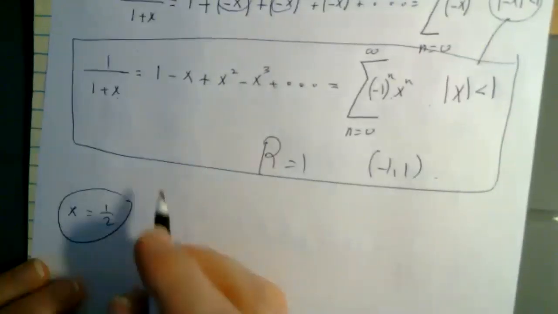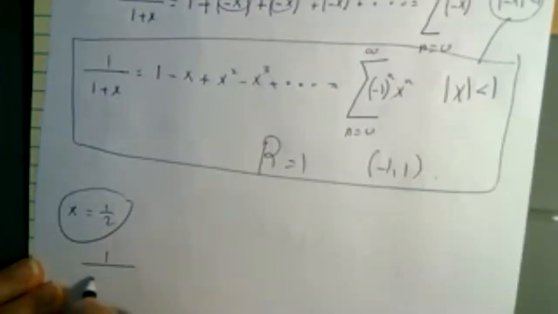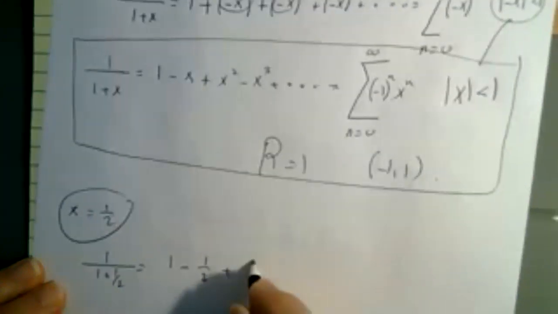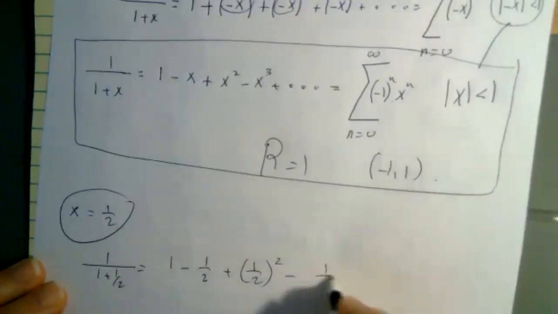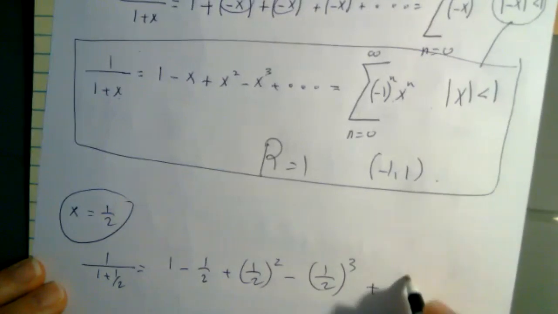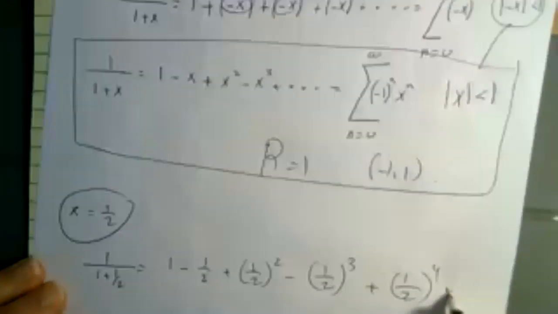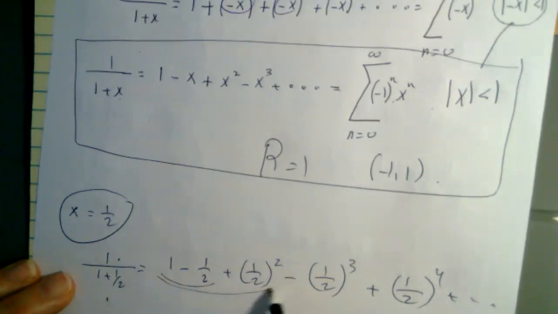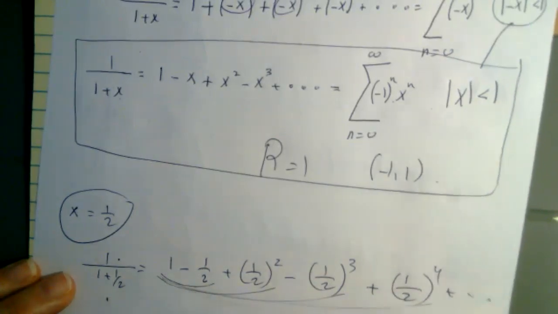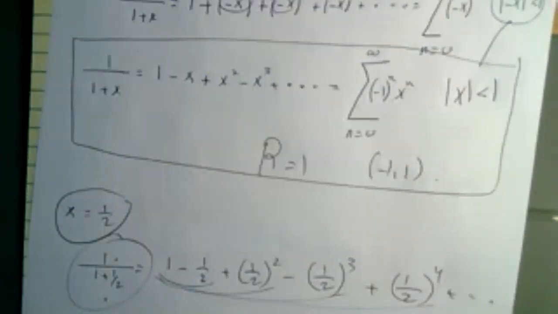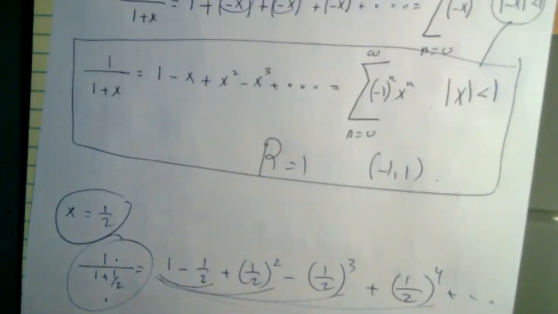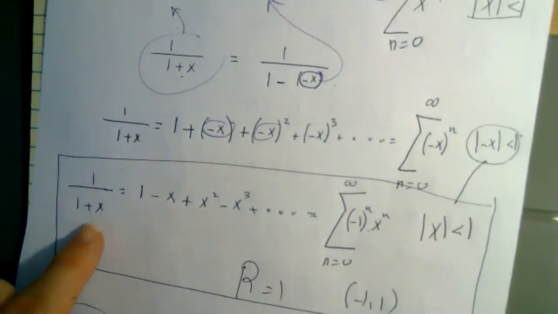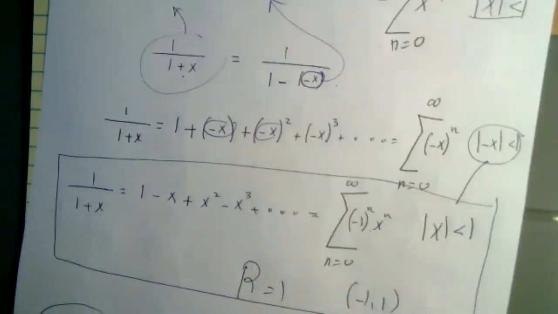So this is telling me that if I plug in 1/2 in here, and I plug it in here, I compute this number, and I start adding those terms and adding them and adding them, I get exactly the number I got right here, as long as my x is less than 1. So this is the way of representing the function 1 over 1 plus x as a power series.